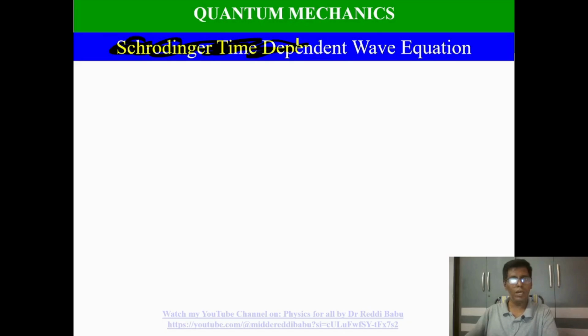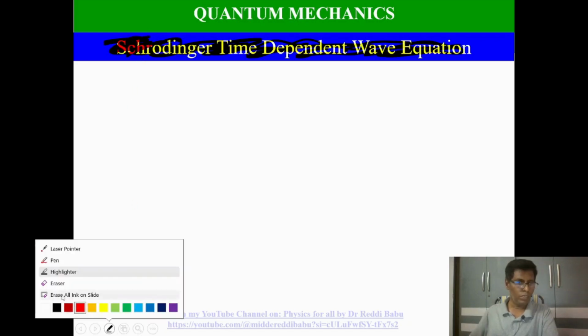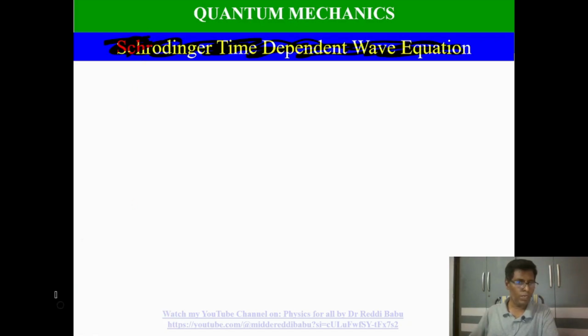Now we are in the discussion of the particle in a one-dimensional potential well, but the heading is wrongly printed, so no need to consider this one. Okay. Now we need the equation for the particle in a one-dimensional potential well. We need to derive the equation of the potential well.